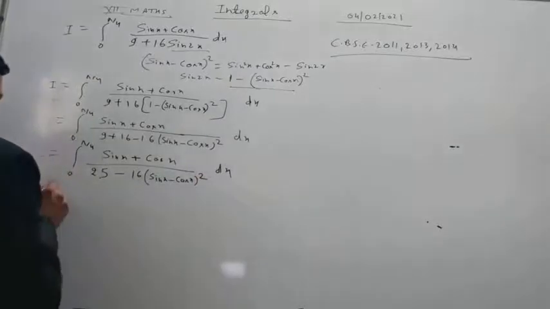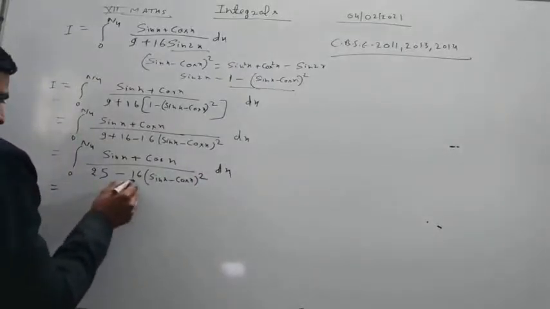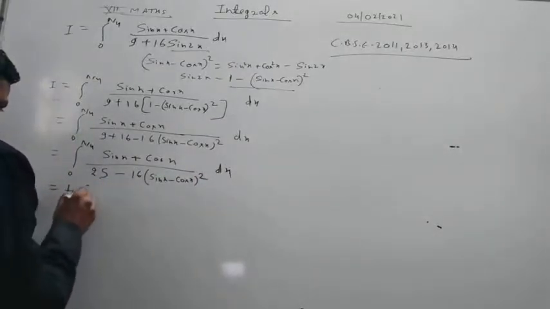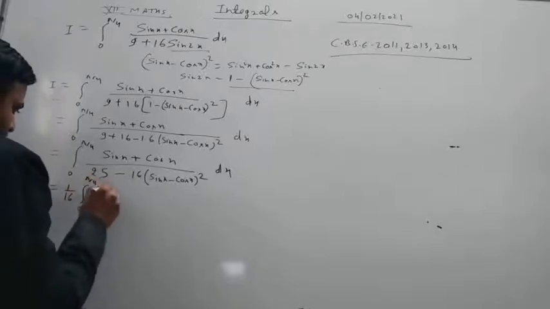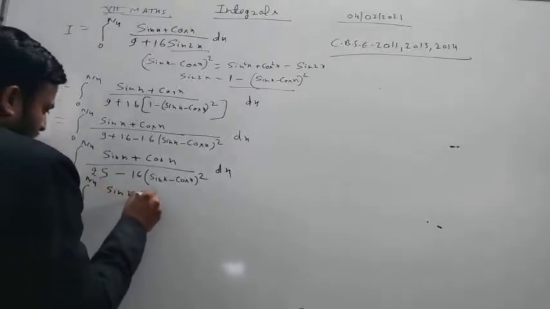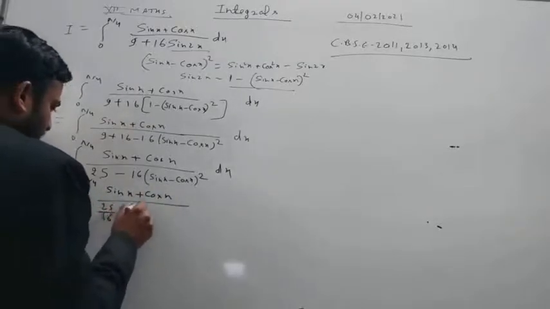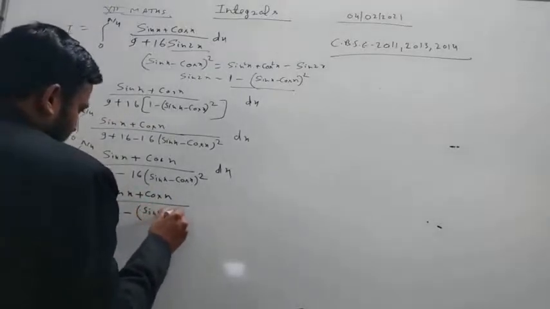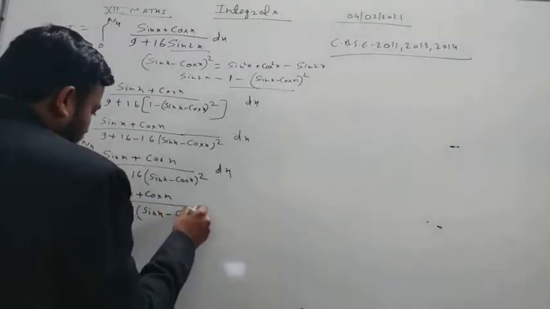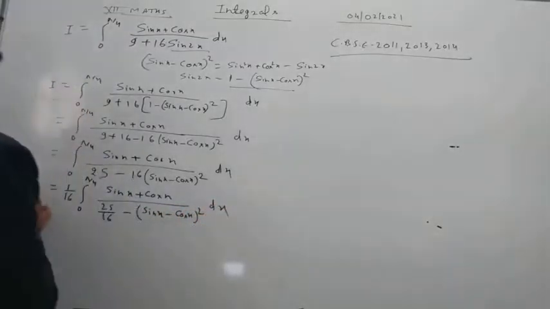Okay, students, now we are taking 16 outside, so we get the integral from 0 to pi by 4 of sin x plus cos x by 25 by 16 minus sin x minus cos x whole square dx.